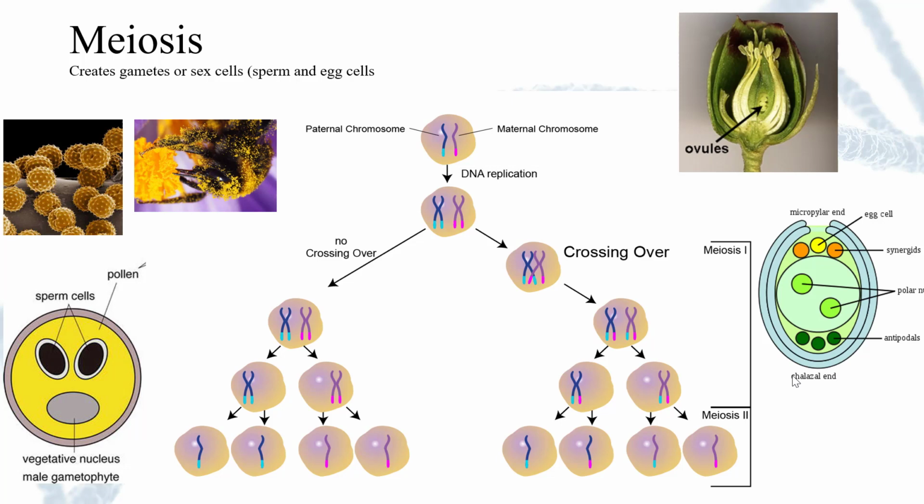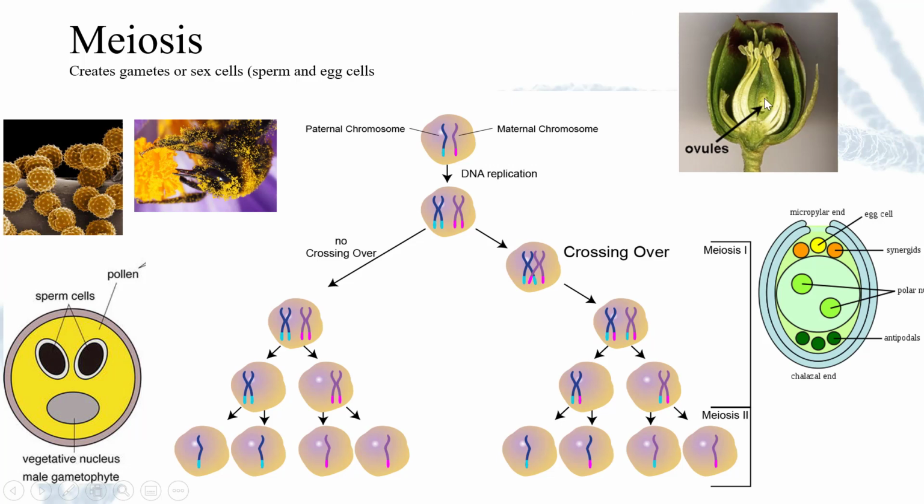In the case of our plants, that is going to be a new plant that will grow and develop. In our plants, the sperm cells are housed in pollen grains, and here's a diagram of a pollen grain. Within pollen, there are typically 2 sperm cells. And then the egg cells are housed in ovules.